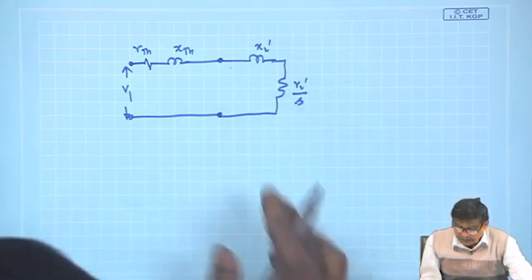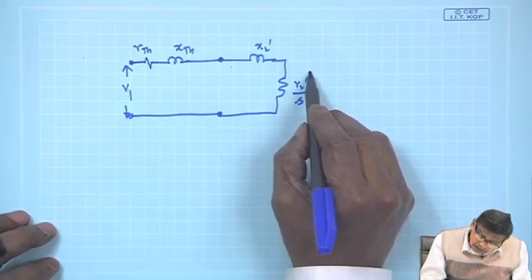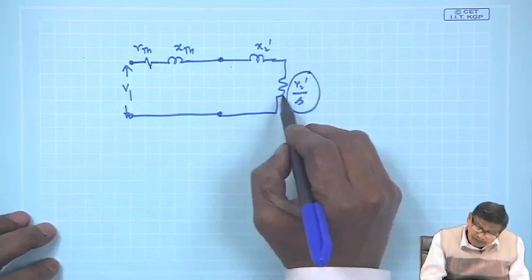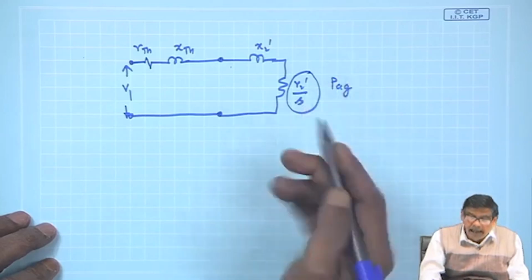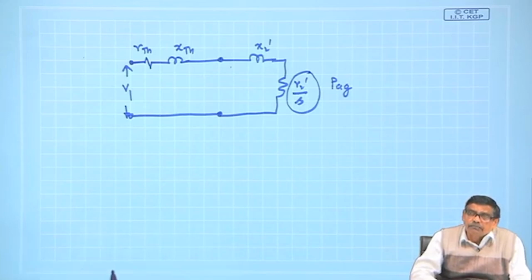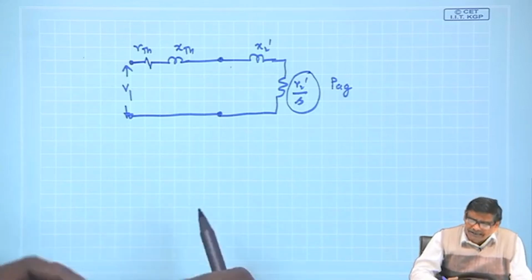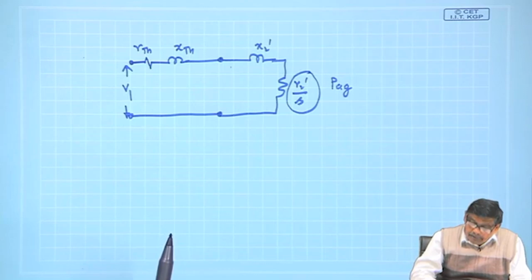So, you want to maximize the torque, and what is the torque? You recall I told you that the power in this resistance is PAG, and PAG is also a measure of torque, because PAG divided by some constant number 2 pi ns gives you torque in Newton meter, or PAG itself in synchronous watt gives you the electromagnetic torque developed by the machine.